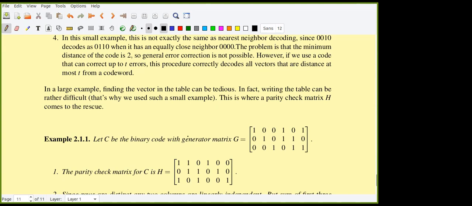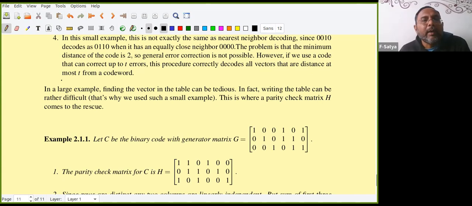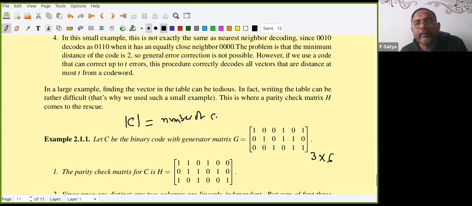I am asking for the size. How many code words will be there? This is 3 cross 7. What is the size? Size of the code means the cardinality of C, that is, the number of code words. I am asking that question. Yeah, tell me.